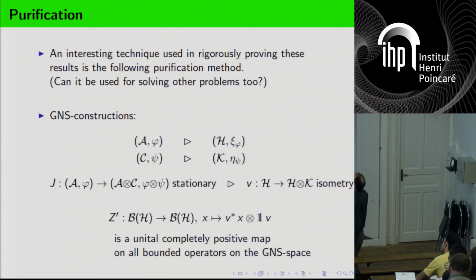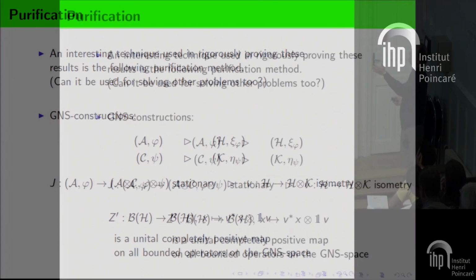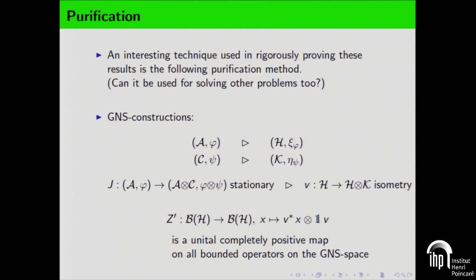We have these non-commutative probability spaces, A with a state phi and C with a state psi. We do the GNS construction, and let's call the GNS Hilbert space H, with the cyclic vector psi phi. And in the other case, from C and psi, we get K and eta psi.